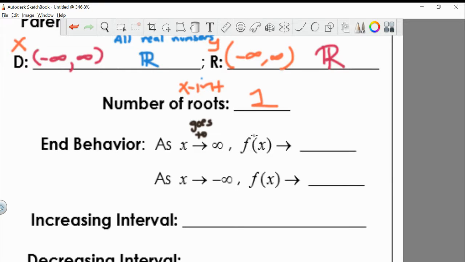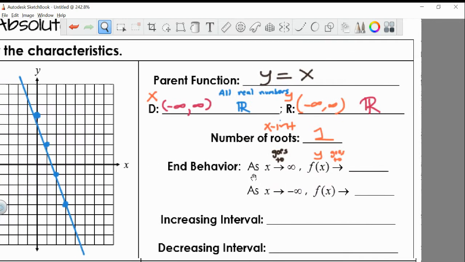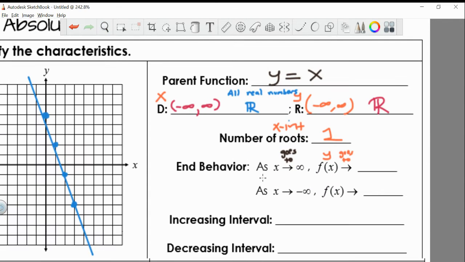This f of x is basically a y. Y goes to blank. So again, so easy a kindergartner could do it. Here's what we're saying. As your x's are going to infinity, as my x is going this direction, towards infinity, where is the y going to?